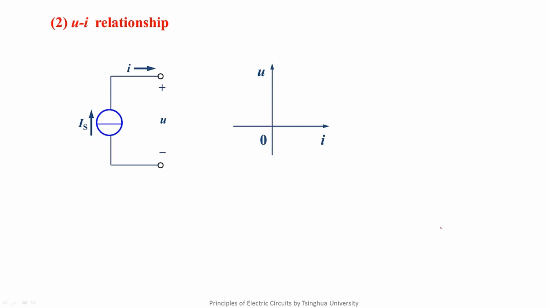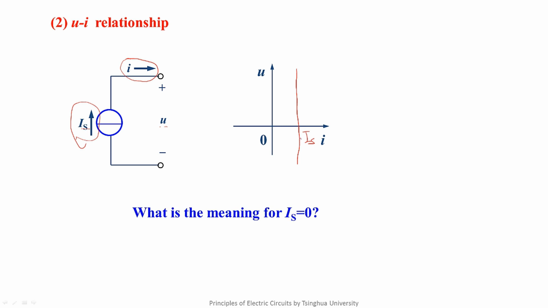Next, similar to the independent voltage source, we draw the UI characteristic curve of the independent DC current source. The current is always capital IS, while the voltage can be any value, so it is such a line. Analogously, we have a question here.